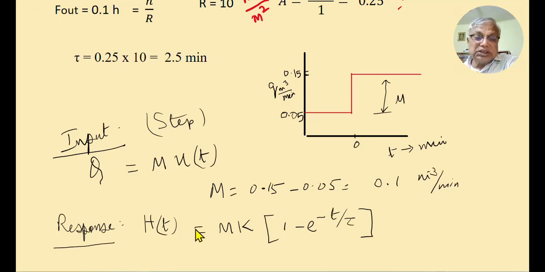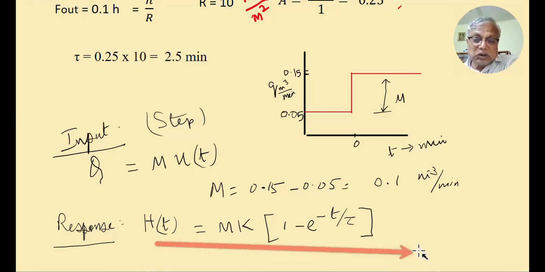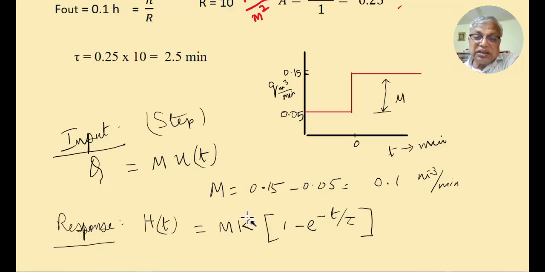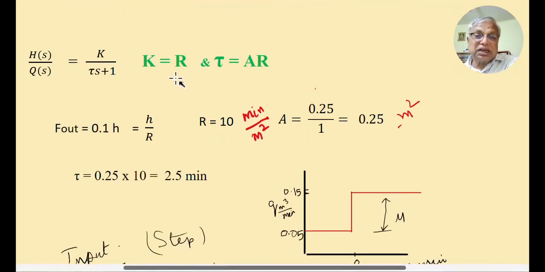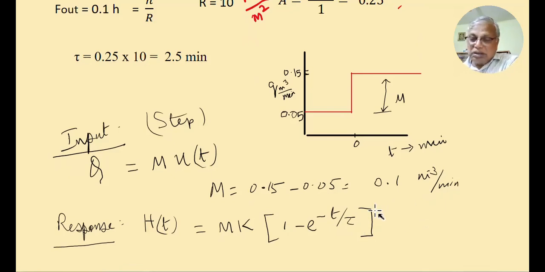The response is H(t) equals M K into 1 minus e power minus t by tau, where K is the gain, which is R. This is the standard step response equation, which we discussed in PC37, where the step response equation has been derived.